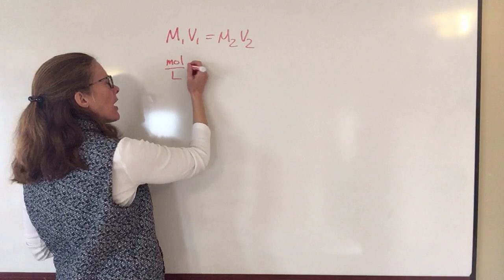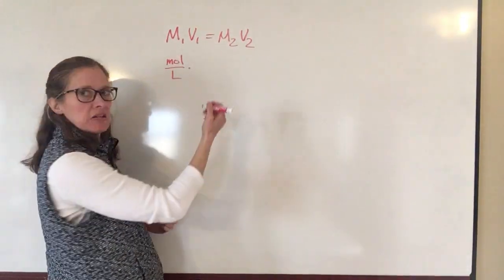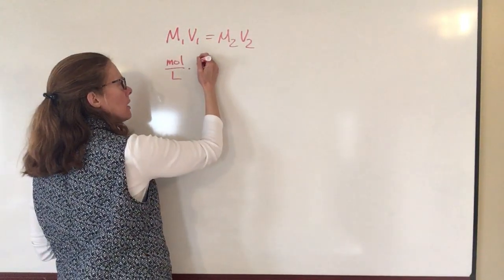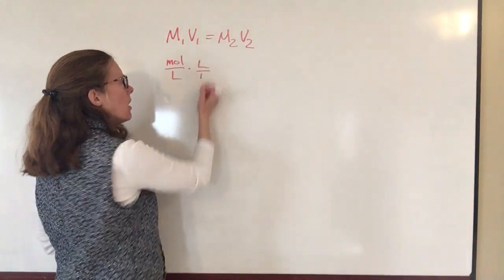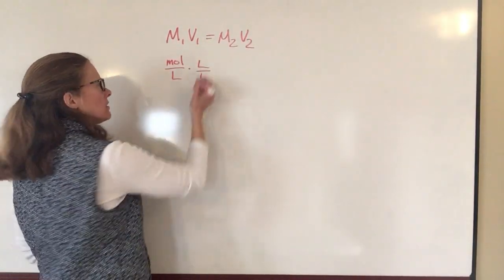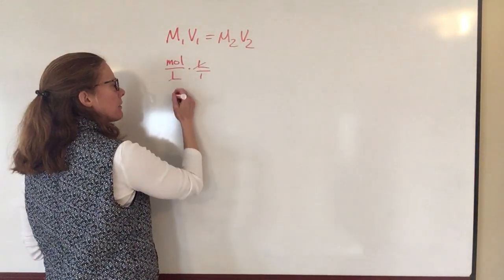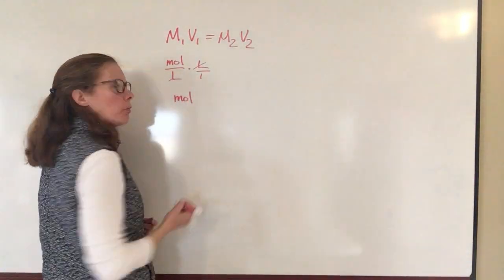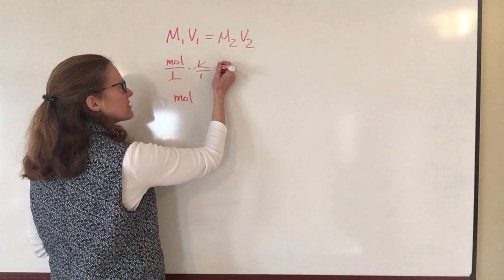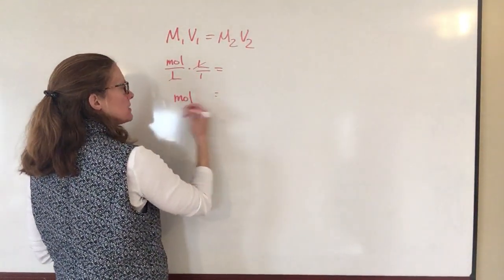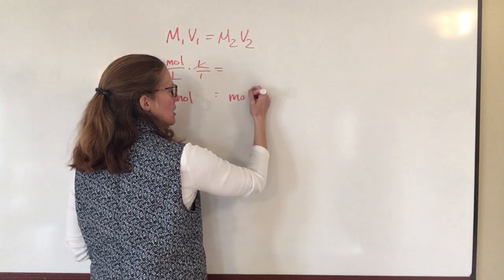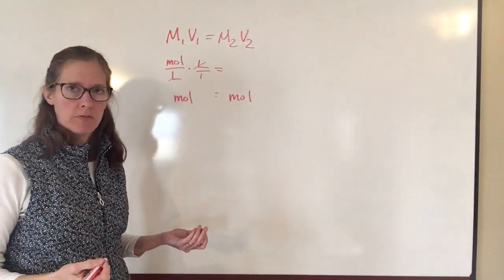If I multiply that by a volume in liters, the liters cancel out and I'm left with moles. That's going to be the same on both sides of the equation, so my initial number of moles equals my final number of moles.